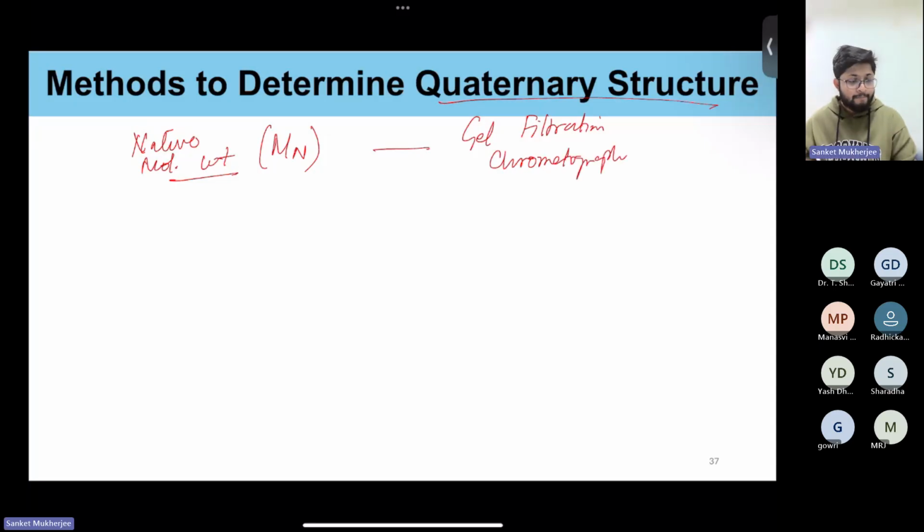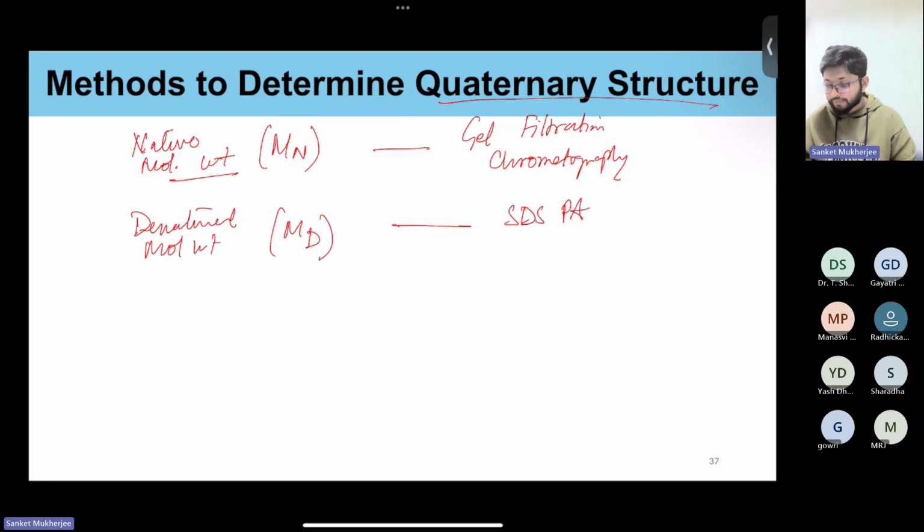Now you also get a denatured molecular weight, let's say Md. This you get using SDS-PAGE. SDS is a detergent which denatures your protein.